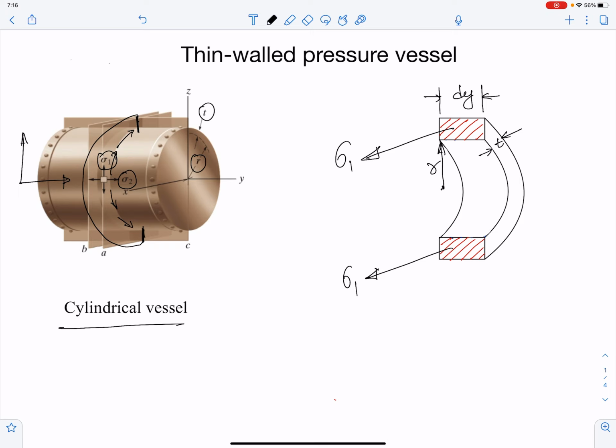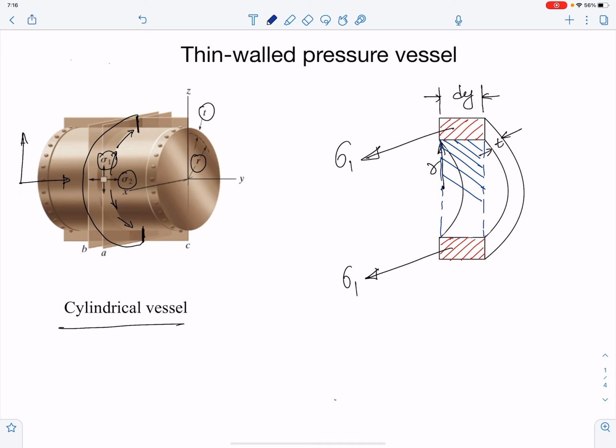Now also, let's imagine this particular plane. Actually, let me draw it in this way.